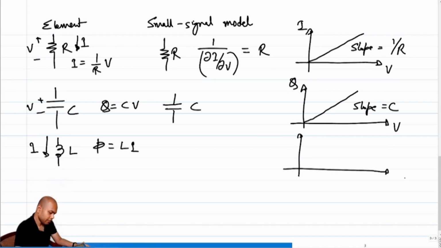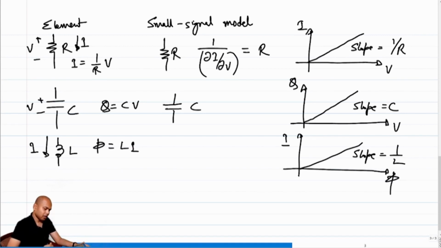If I sketch I here and flux phi here, again I get a straight line. The slope is L. Again this is a linear relationship, so the inductor remains an inductor, no change.